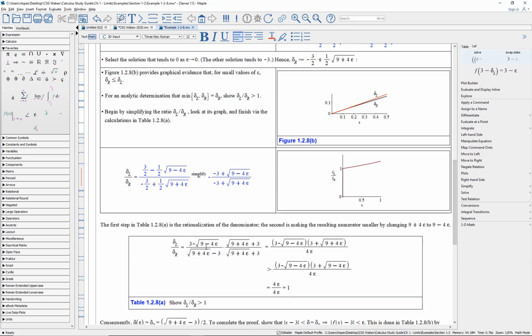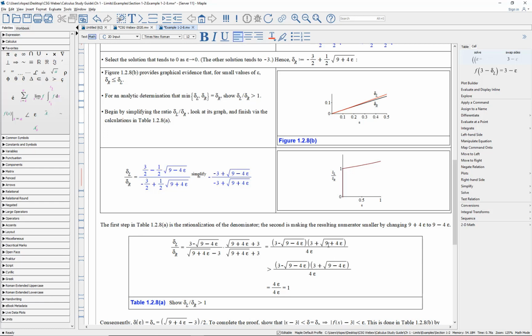Let's see if we can show analytically that it's greater than 1. So here's the fraction, and what we have to do, we have to rationalize the denominator. So here is the mathematics of rationalizing the denominator. You multiply through by the conjugate of the denominator. Follow through the algebra. This is an equality. It becomes an inequality when we put in something smaller.